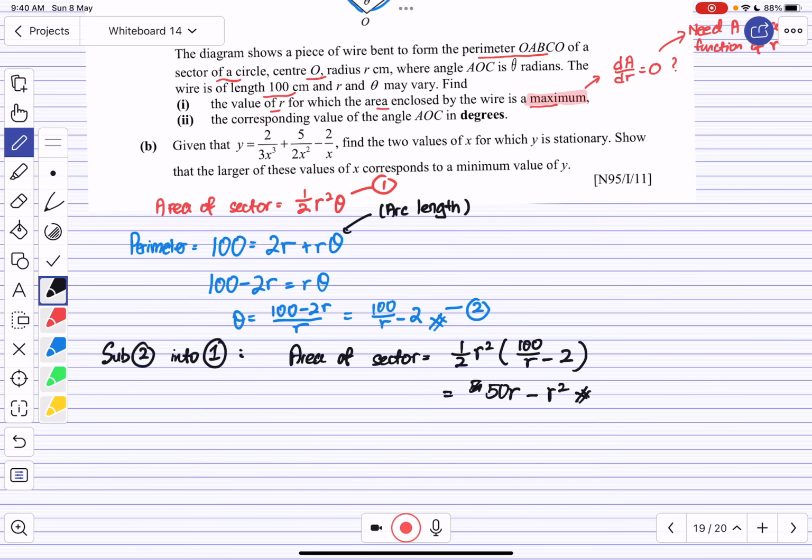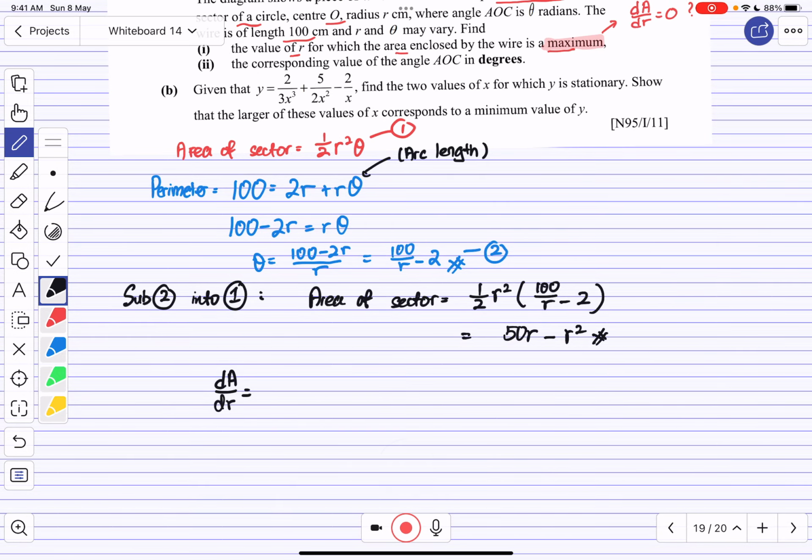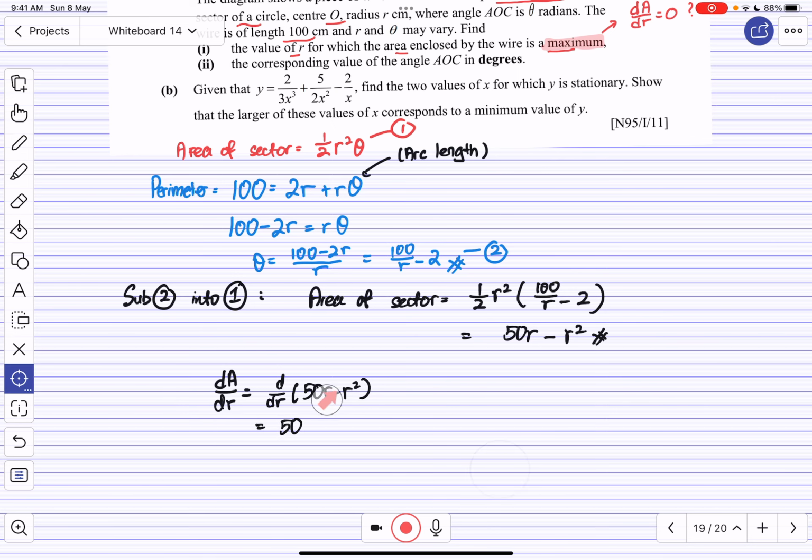Okay, so from here, what I do next is I take dA/dR, since remember we agreed upon finding the maximum value of the area. So if I differentiate 50R minus R squared, differentiating 50R gives me 50, differentiating R squared gives me 2R.